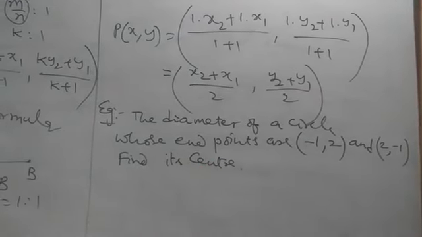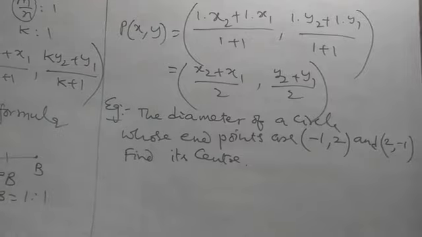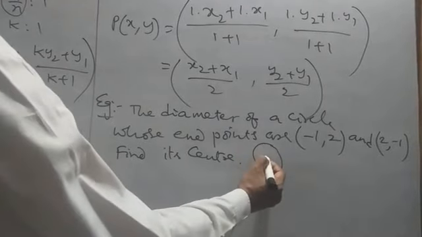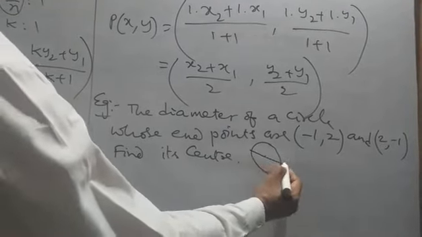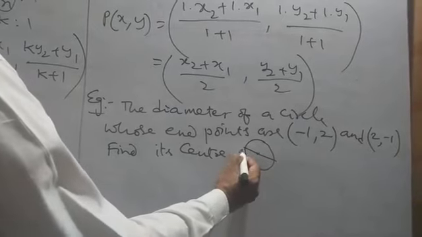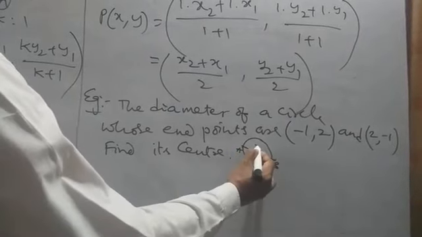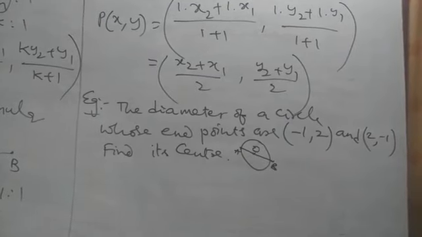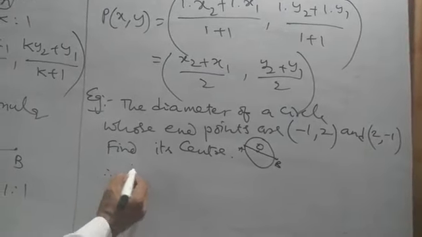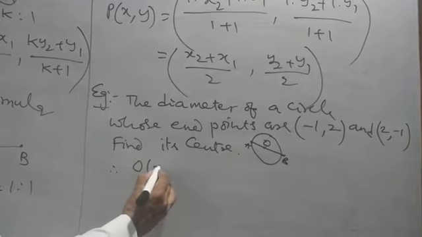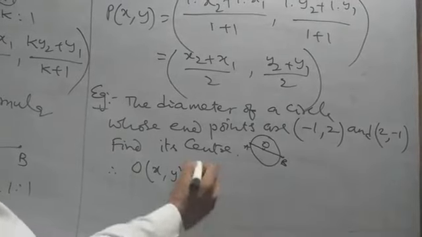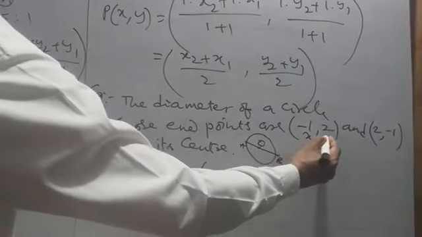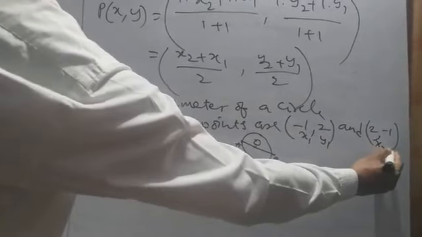Now what we know, in a circle, if it is a diameter, then the center is the midpoint of the diameter. So you can apply the midpoint formula here, where one is (x1, y1) and here it is (x2, y2).